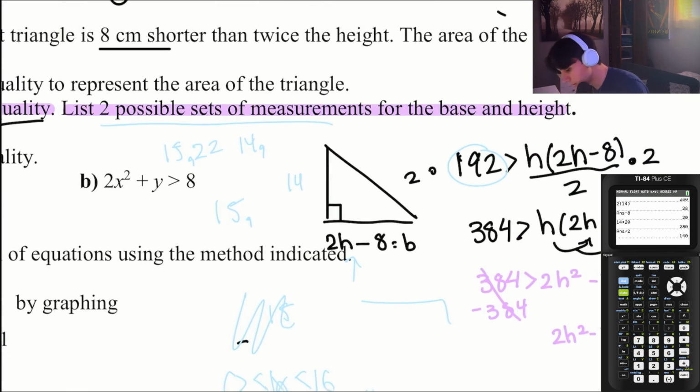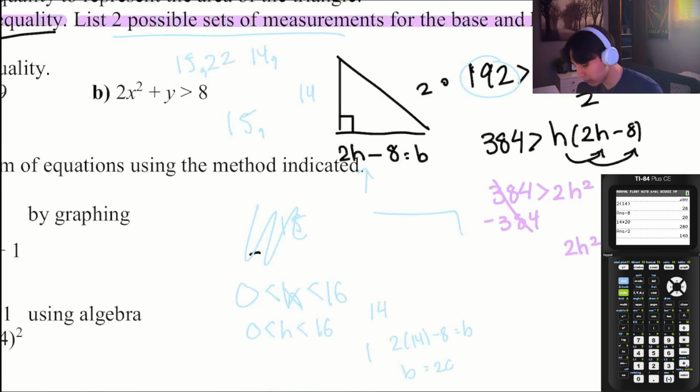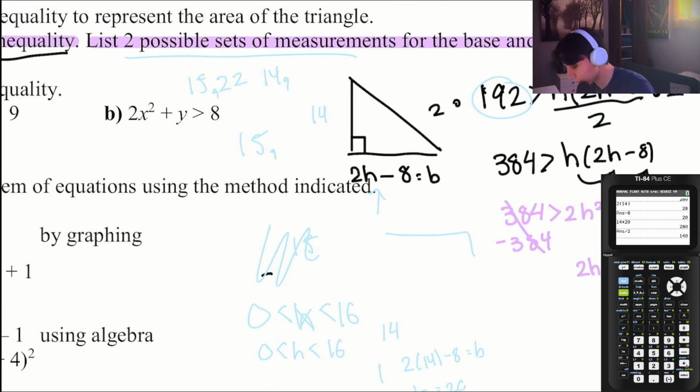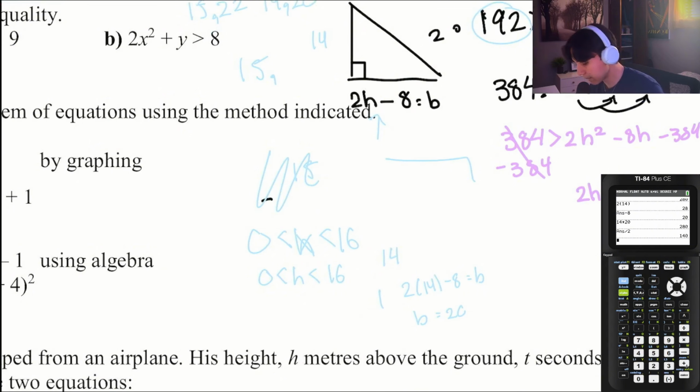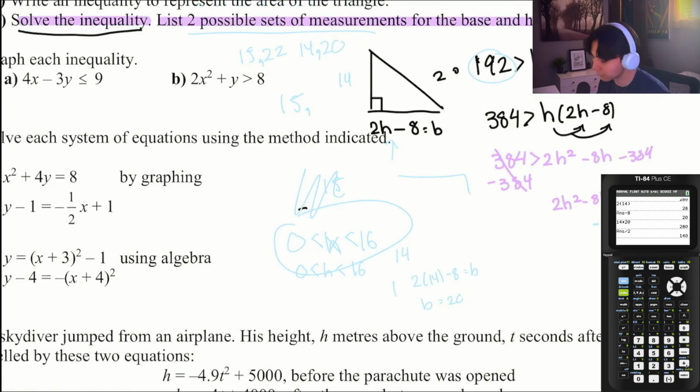So 14 and 20 is a possible combination. And there's any combination here. Basically, you have any combination in this range here, which will give you an answer that is correct.